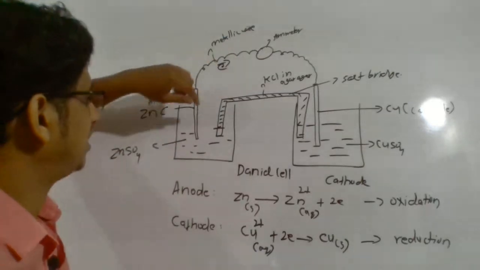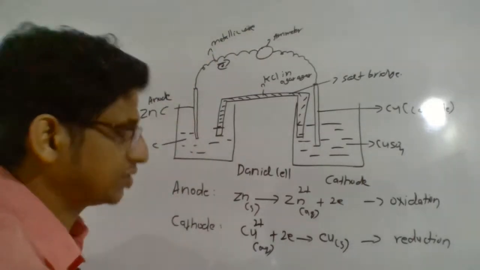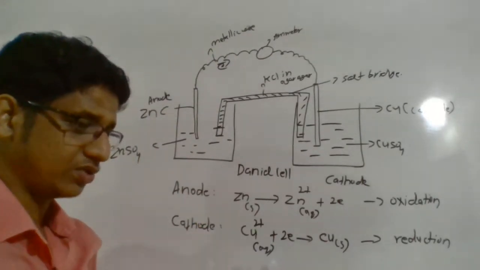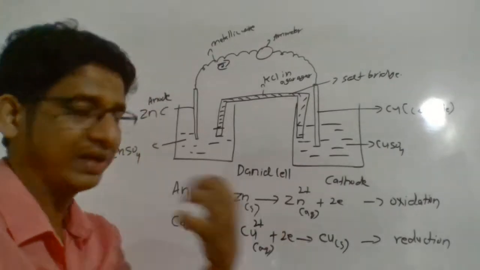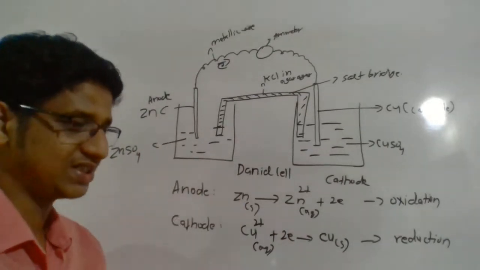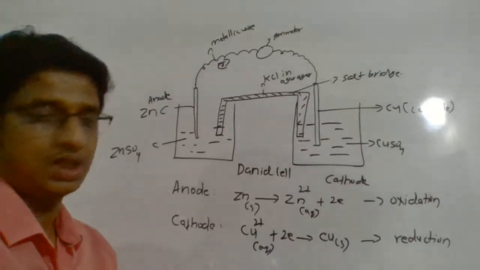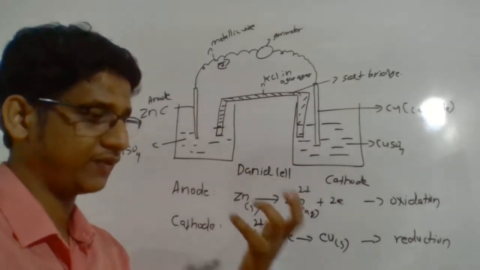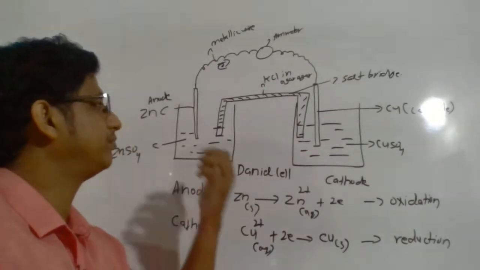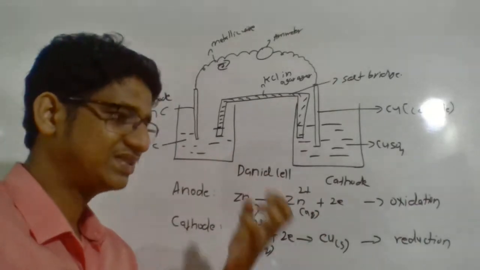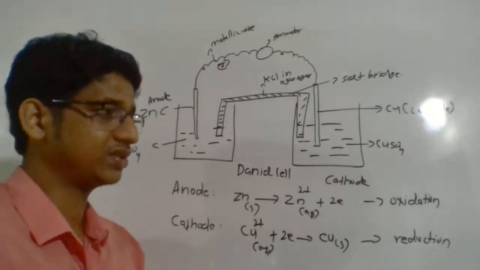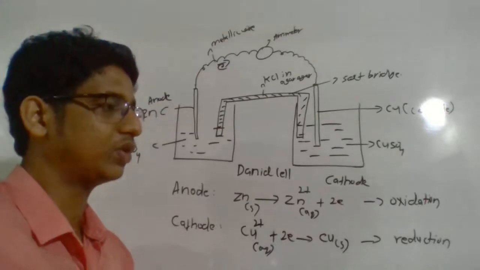When a particular electrode is dipped in its own solution, it has a natural tendency either to lose or gain electrons. That tendency we can call electrode potential, and that electrode potential varies from one electrode to another. For example, comparing zinc and copper, zinc has a higher tendency to undergo oxidation compared to copper.